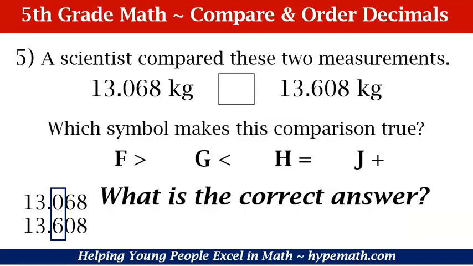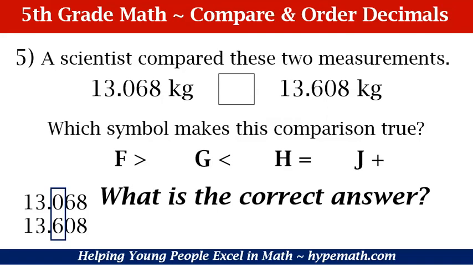So since we know that, what is the correct answer? Is it F, 13.068 kilograms is greater than 13.608 kilograms? Is it G, 13.068 kilograms is less than 13.608 kilograms?